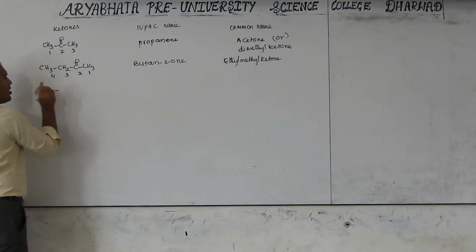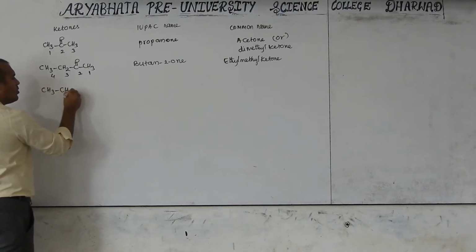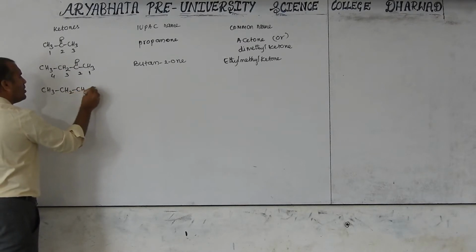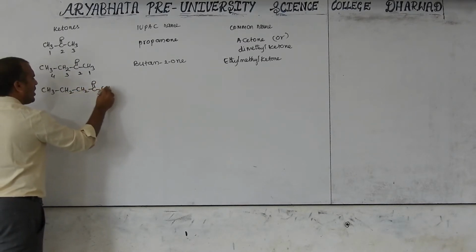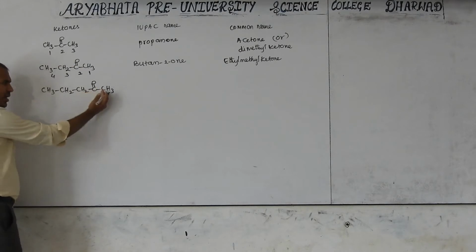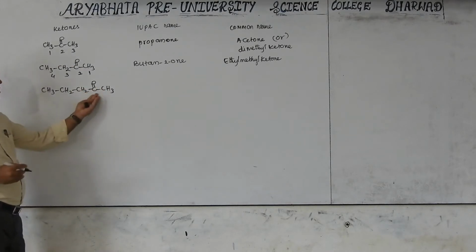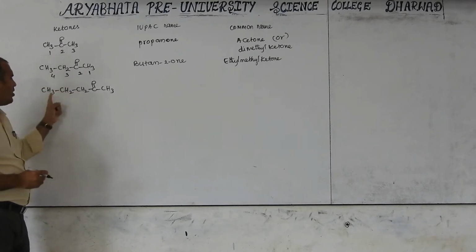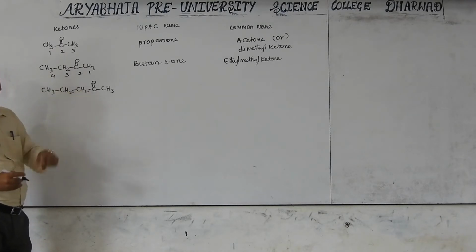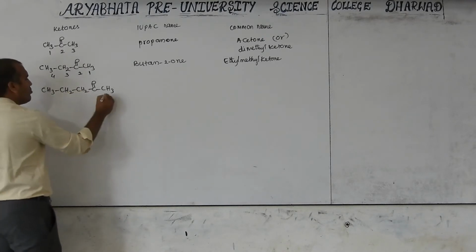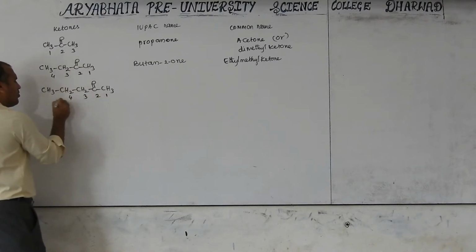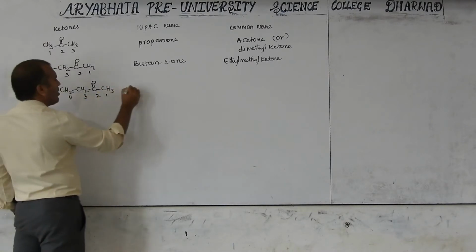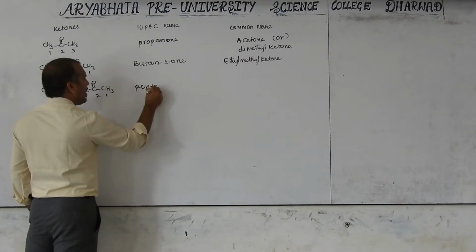I am increasing one more carbon: CH3, CH2, CH2, C double bond O, CH3. Numbering right to left is correct because the keto group is at the second position; left to right gives the fourth position. So second position is correct. Total 5 carbons, then it is called pentane.